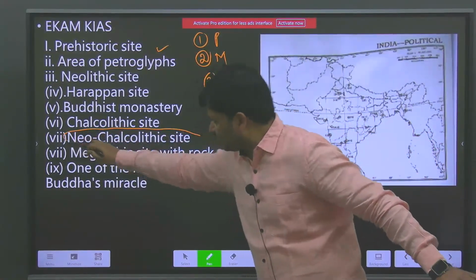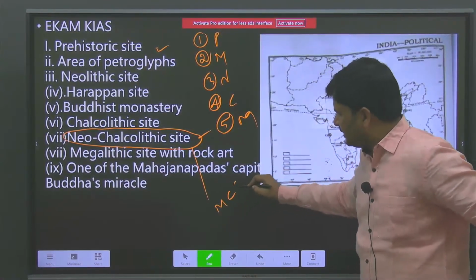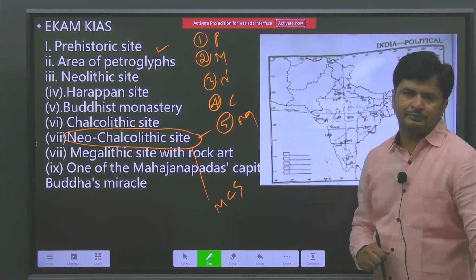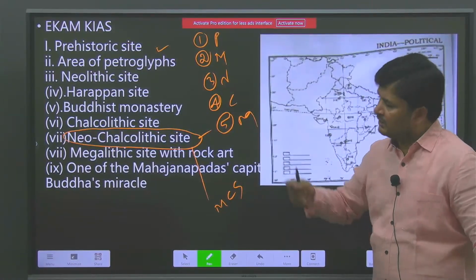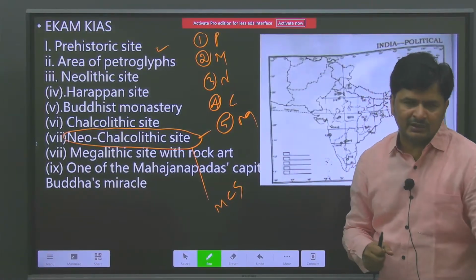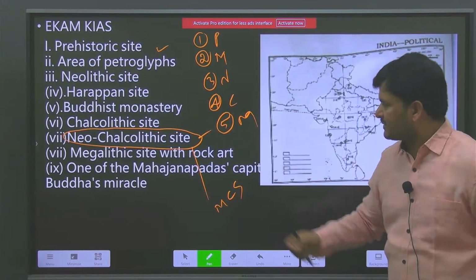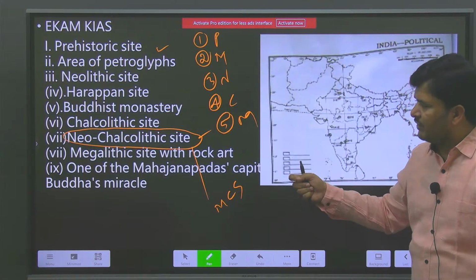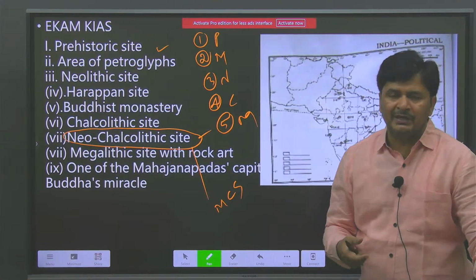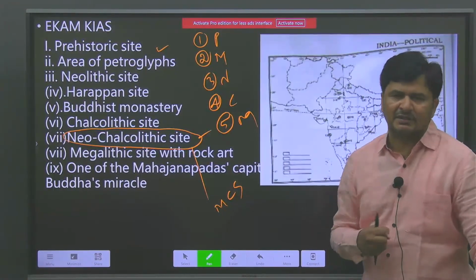Neo-Chalcolithic sites, also called multicultural sites, are those where we found both Neolithic and Chalcolithic elements. Then there is the megalithic site with rock art, and one of the Mahajanapada capitals where Buddha is believed to have performed a miracle, the Shravasti miracle, as I was telling them.